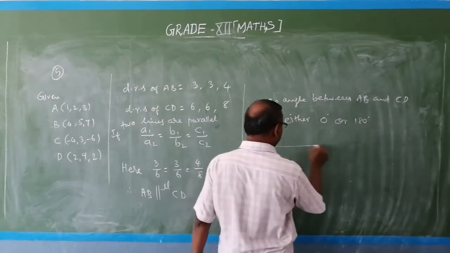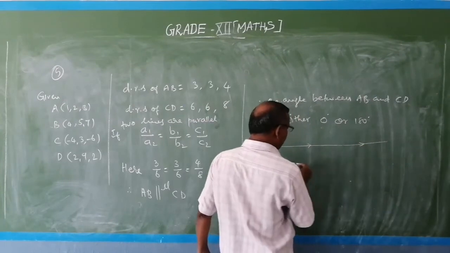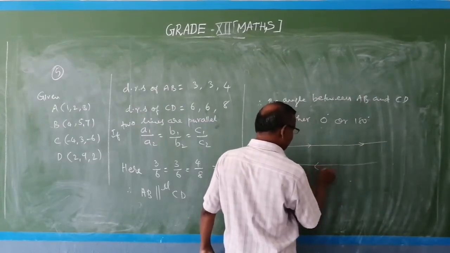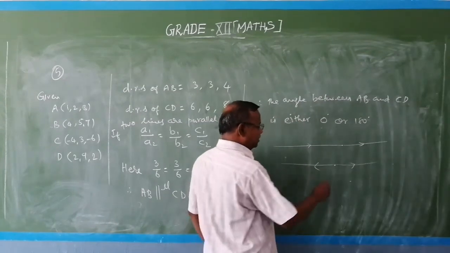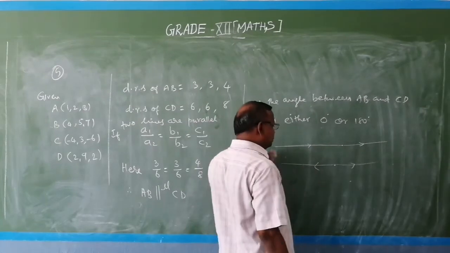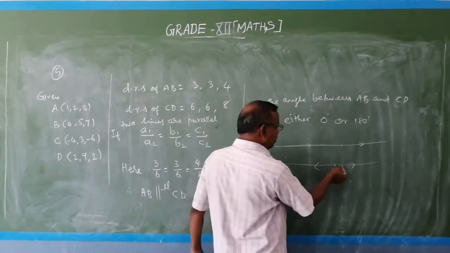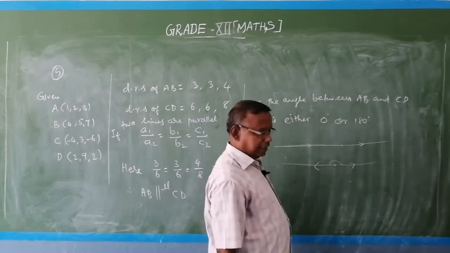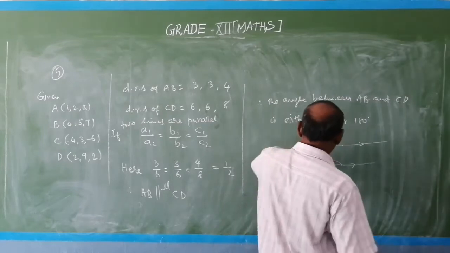If two lines are parallel, they may have the same sense of direction or the opposite sense of direction, and in both cases they are parallel. If they act in the same direction, the angle is 0. If they act in the opposite direction, the angle is 180 degrees. Therefore, the angle is either 0 or 180 degrees.